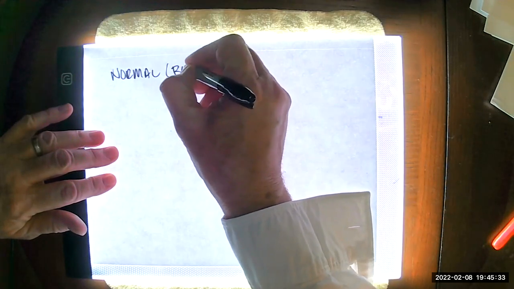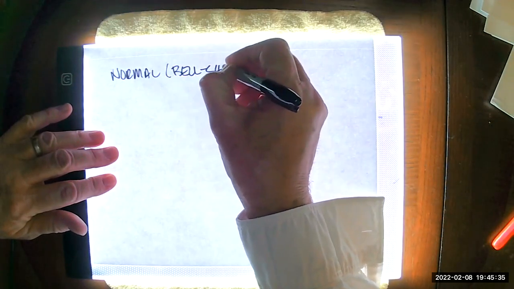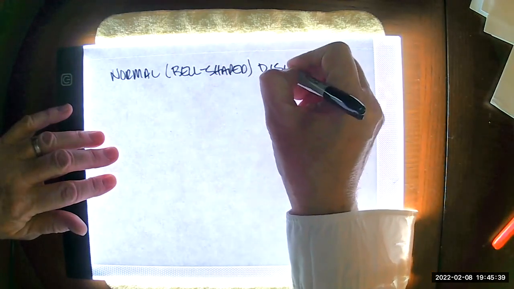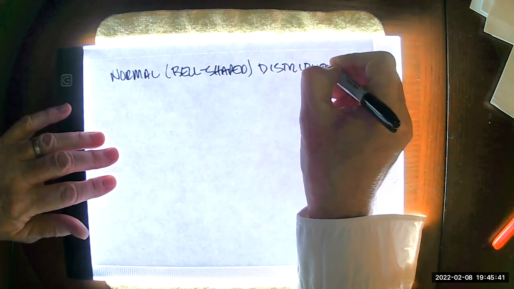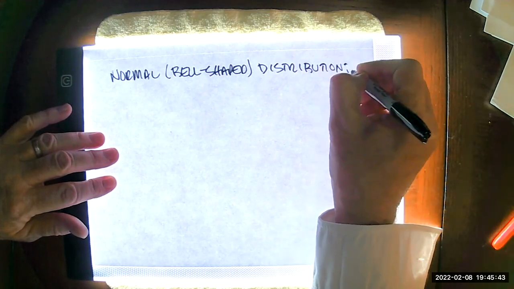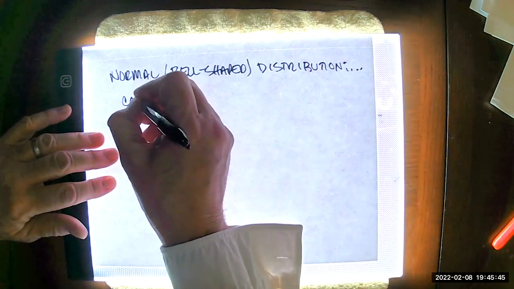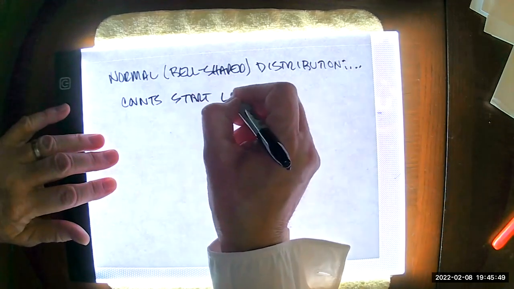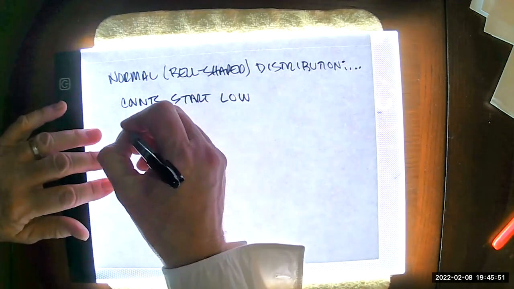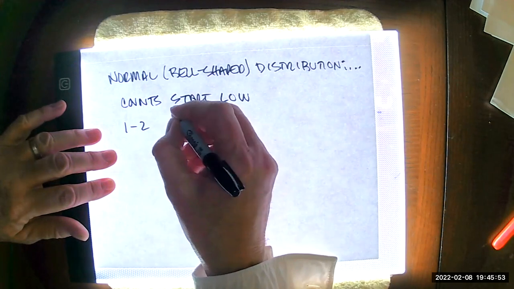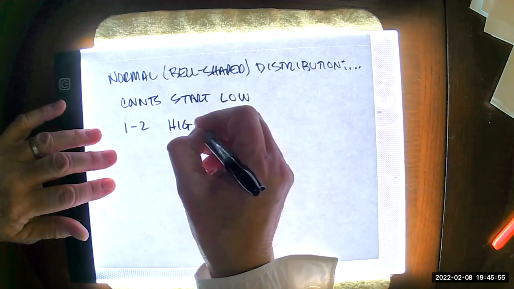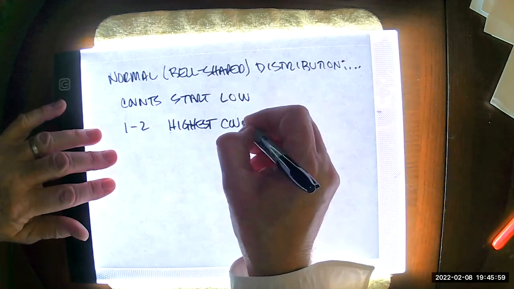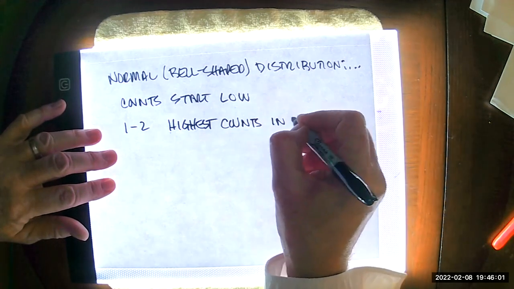Normal, or sometimes it's called a bell-shaped distribution, has the following pattern. So the counts start low. There are 1 to 2 high counts, or highest counts, in the middle.